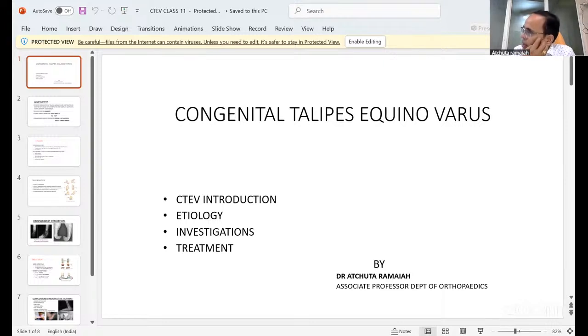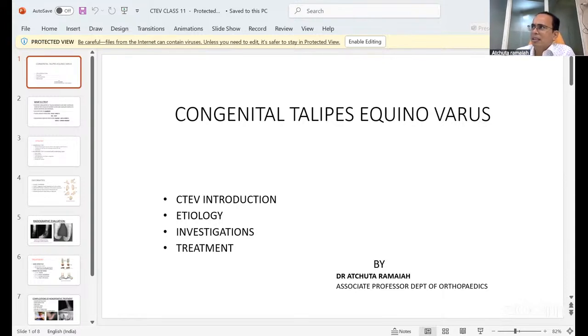Because the foot positioning might be very difficult to get in an ultrasound. We can say it has an outer convex border and a medial concave border. All these things manifest clinically once the baby is out.